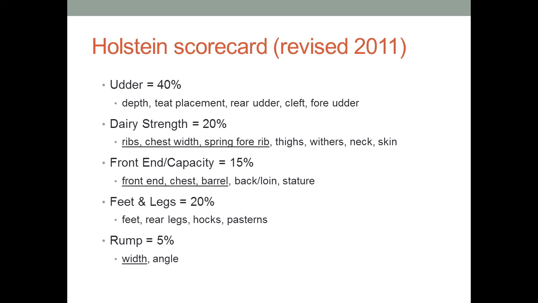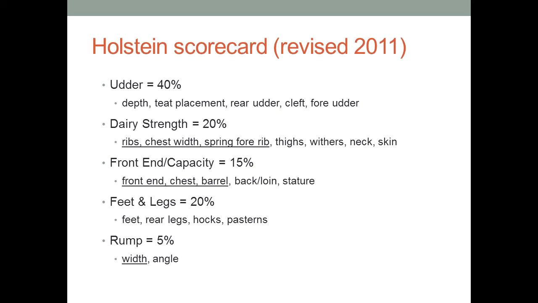They use the PDCA scorecard with 4 categories. So a Holstein classifier, in this case, steps back and combines the traits within each category. The categories are udder, dairy strength, front end and capacity, feet and legs, and rump.